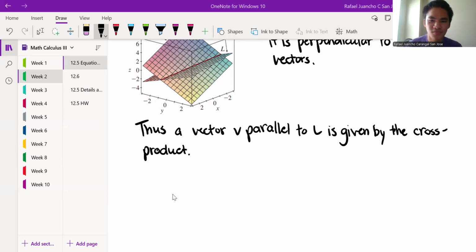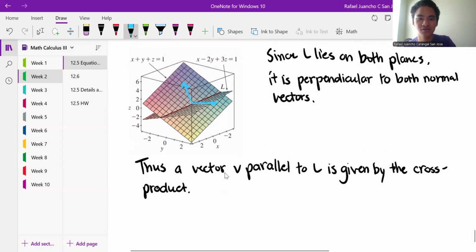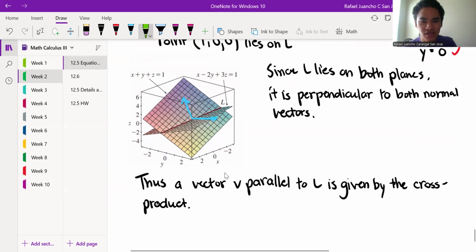Now, how does that look? We have a normal vector pointing here, and another one pointing here, and we're saying that this and this are perpendicular. What's vector V going to look like?